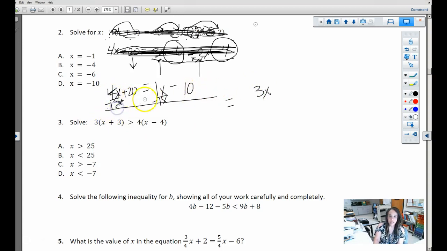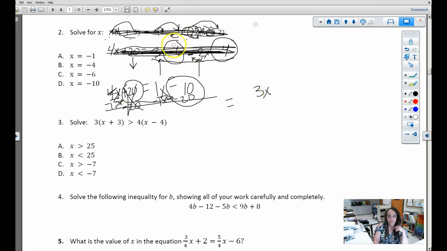All right, did that. The other thing that I want to do is take this 20 and move it to the other side. So if I have positive 20, I'm going to do the opposite, which would be a negative 20 or minus 20. So I'm going to put minus 20 here, and whatever I do on one side, I do to the other side, minus 20. Luckily, the left side cancels out. Now, again, that situation, minus 10, minus 20.